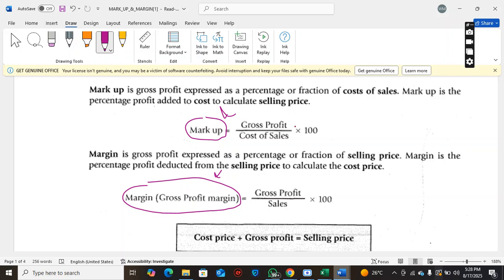But if you see it's already given to you as a percentage, it means they've already applied this for you. Yes, if you see markup 25%, then you know this has already been done for you. Unless the question has told you find the markup and find the gross profit margin, then you use these two.